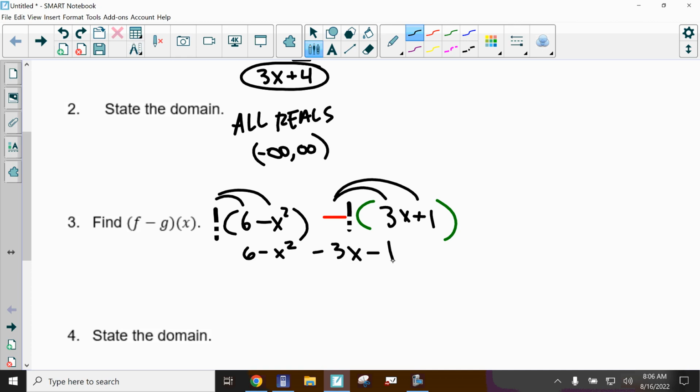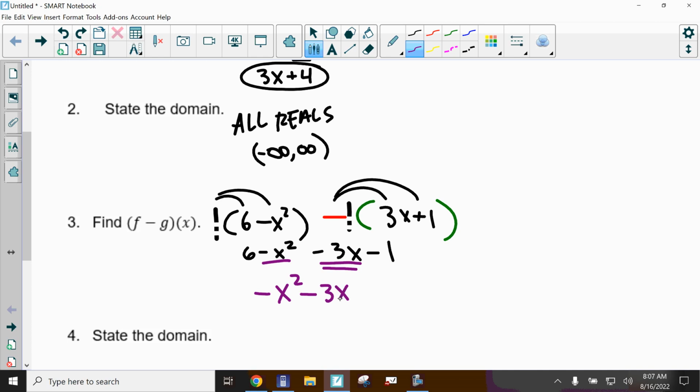And then I just have to combine like terms. Now I'm going to start with the highest exponent. The highest exponent is negative x squared, and it doesn't have anything to combine with. So I'm just going to write that first because of standard form. Then after that, we have to put the x's, x to the first. So minus 3x is next because it can't combine with anything.